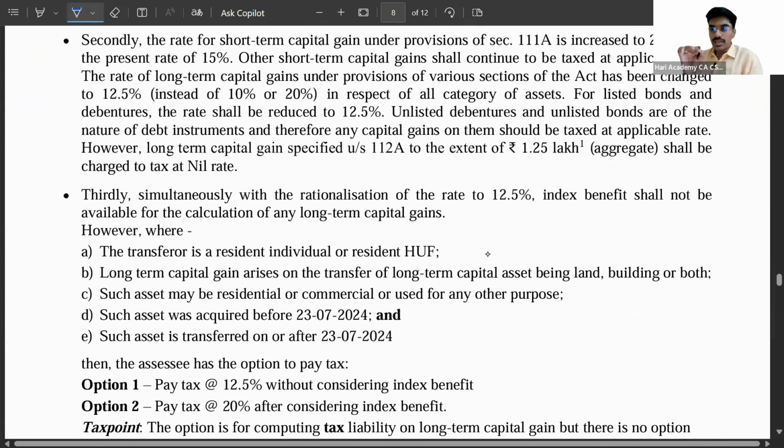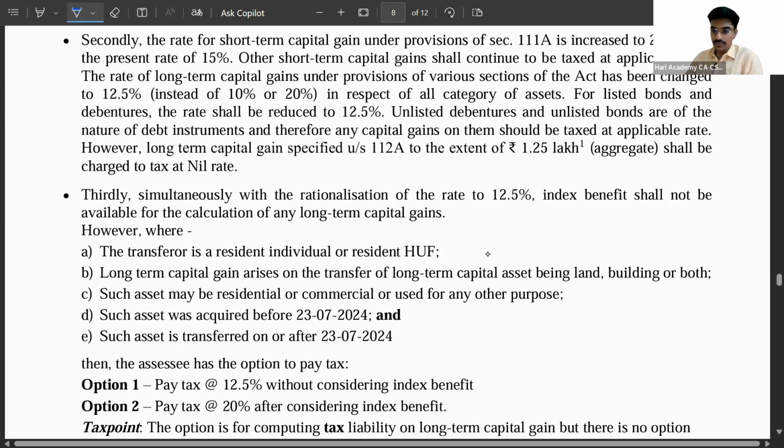This computation mechanism, what has happened is, in case of long-term assets, people had indexation benefit. What do you mean by indexation benefit? Indexation benefit is nothing but, the longer the period you hold, the higher will be the cost of acquisition.